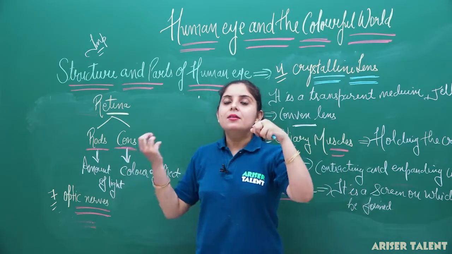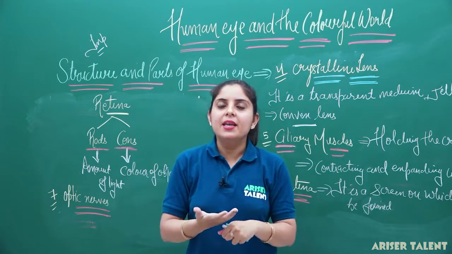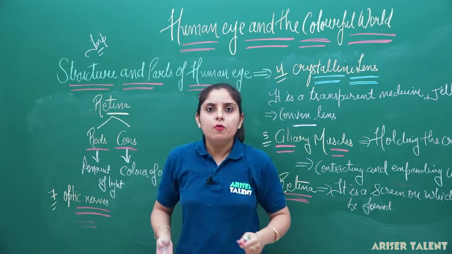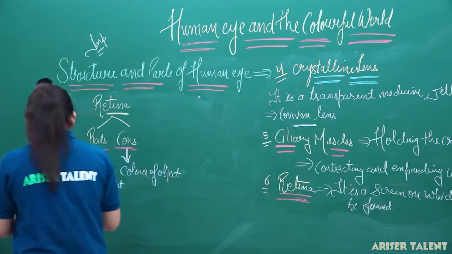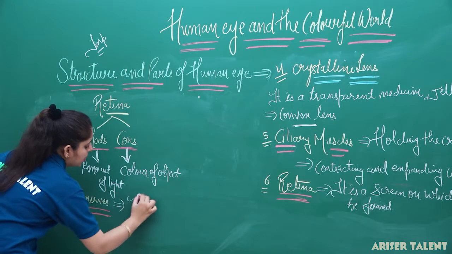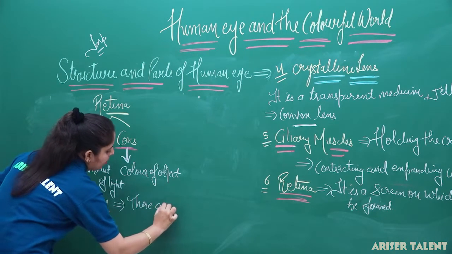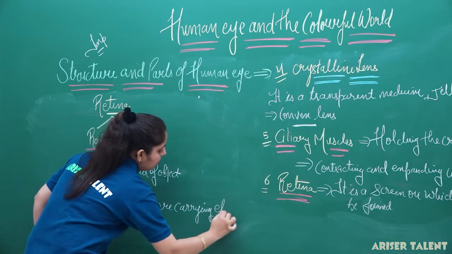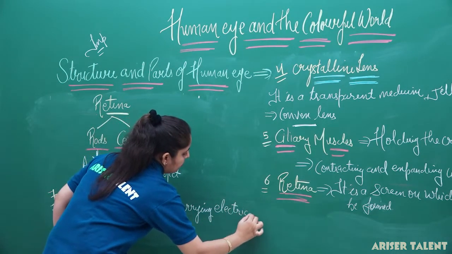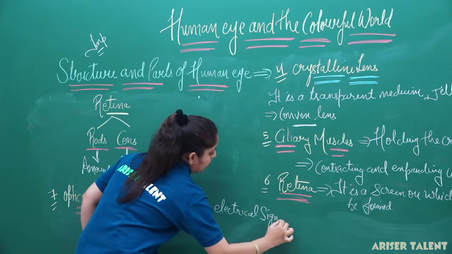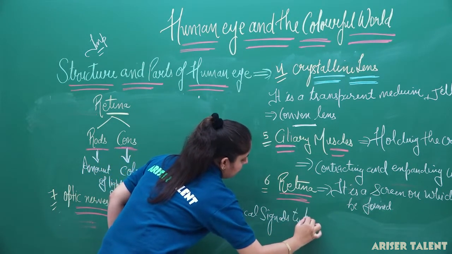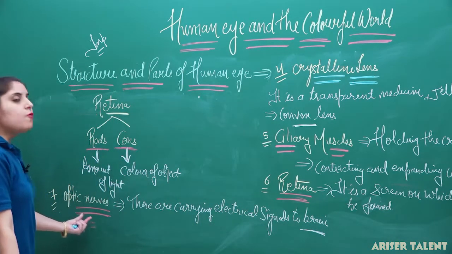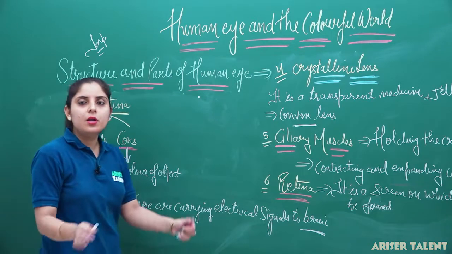These are the signal carrying wires, you can say, which tell the brain what image is being formed. So this is the function of optic nerves, that they are carrying the signals to the brain.